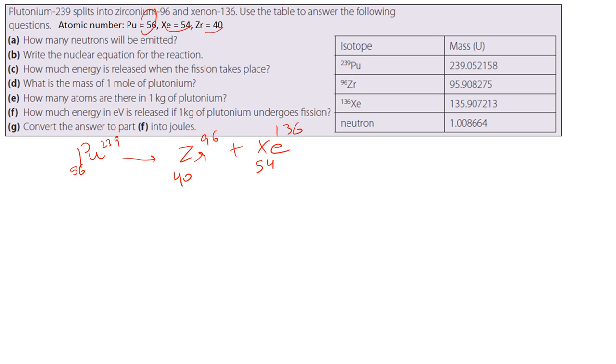It's actually 94, not 56. So there is a typo in this question. The atomic number of plutonium is 94. So Sheldon, make this correction.